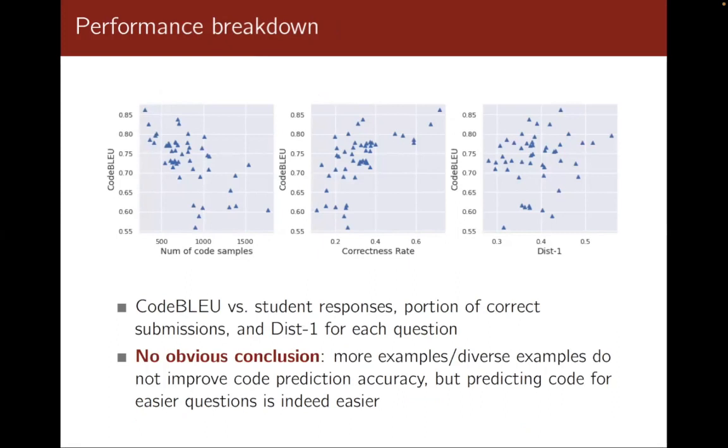Sometimes more and more diverse examples do not really improve code prediction accuracy. The only thing we found was that for easier programming questions, where there are fewer variations in student code, it's easier to predict, but that's just as expected.